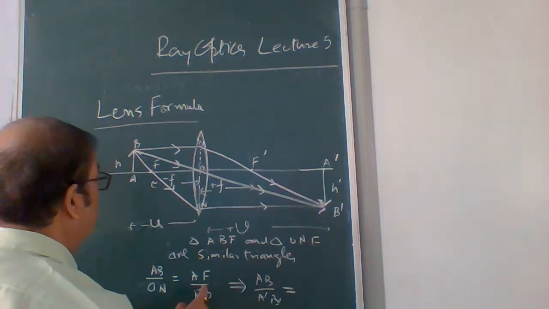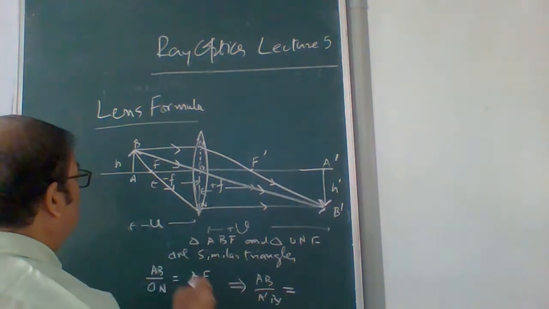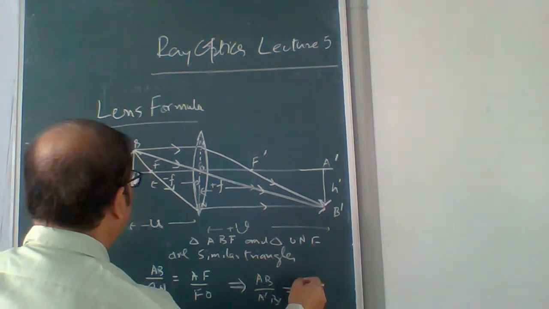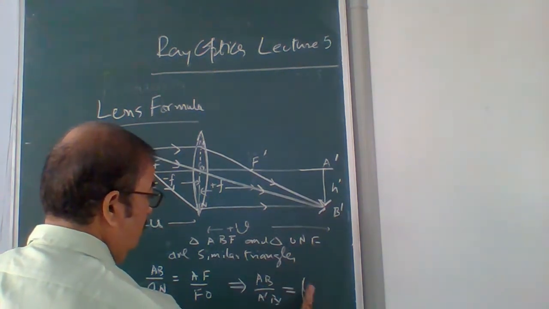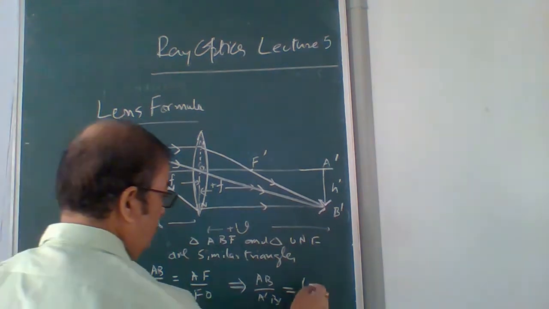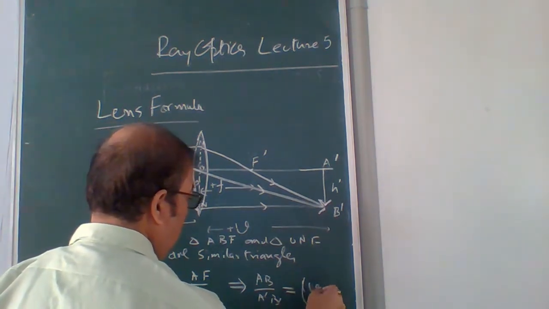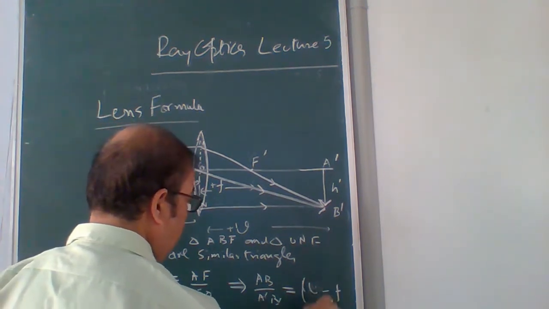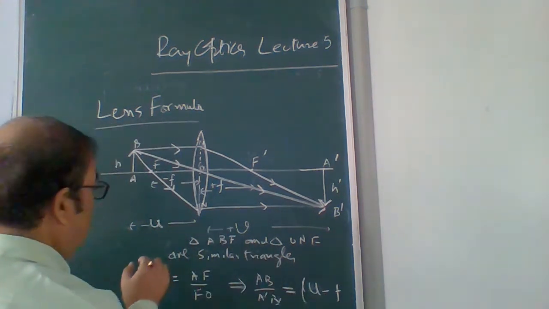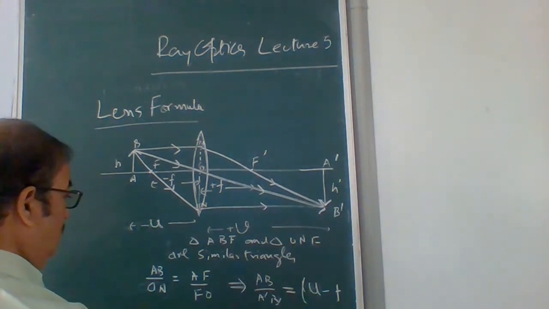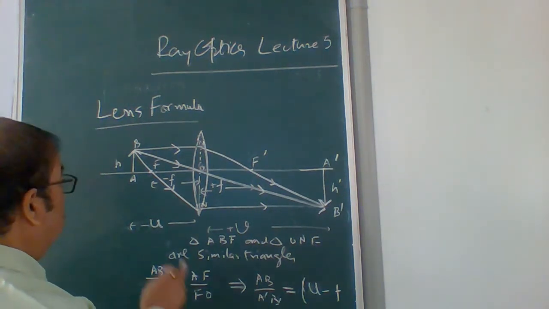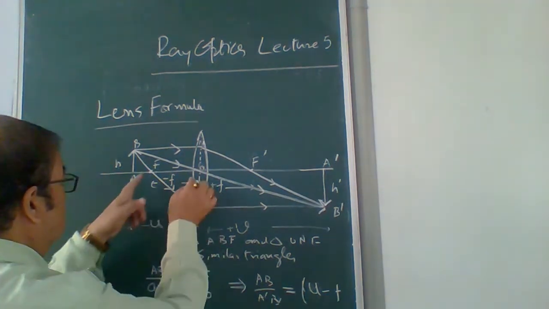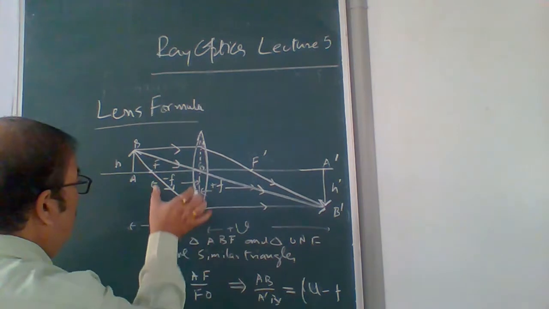Sorry, in place of AF, this is your V minus F. Sorry, U minus F. AF equal to how much? This is this minus this, U minus F.